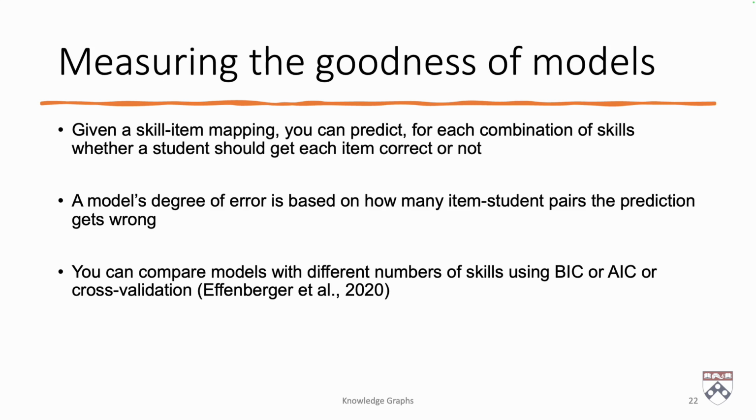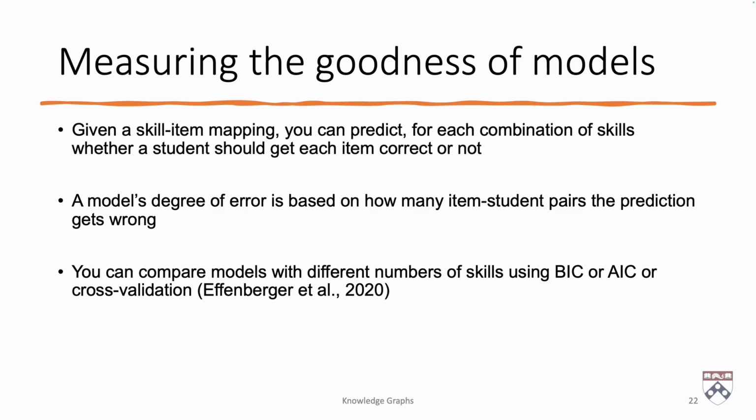So the goodness of fit, in other words, the model's ability to predict how well the student answers the question, becomes the basis upon which we determine whether a model is good or not. So we keep going through that process until eventually we get to a really good model.